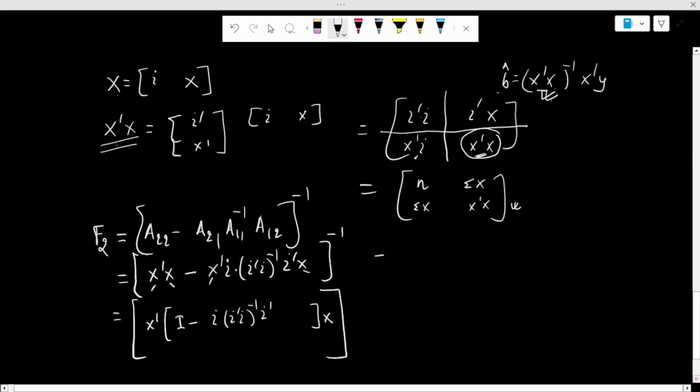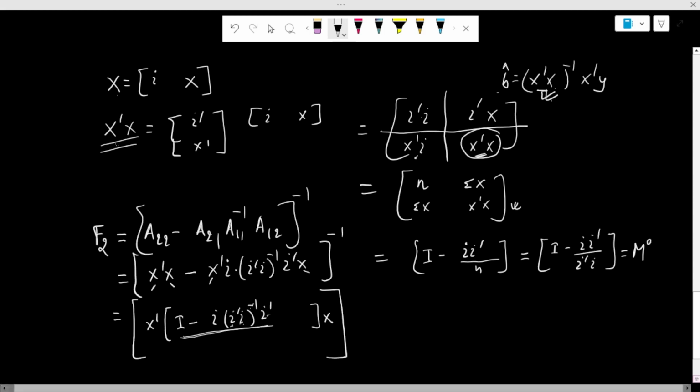And this is further equal to, if we concentrate on this expression, I minus I, and in place of I transpose I inverse, I'm going to divide by n, and we are left with I transpose, and this is actually equal to our deviation from mean maker matrix. N is equal to I transpose I, and this is our deviation from mean maker matrix.